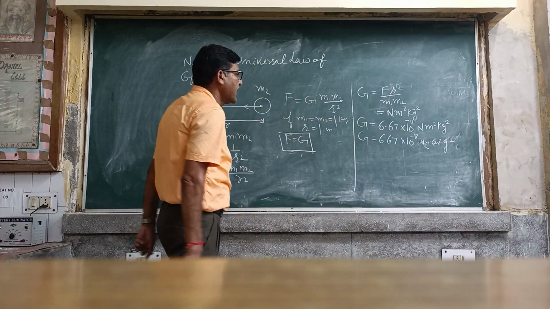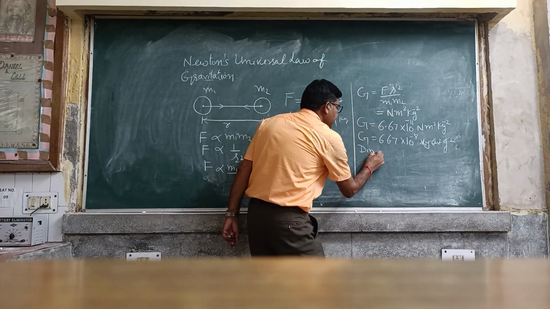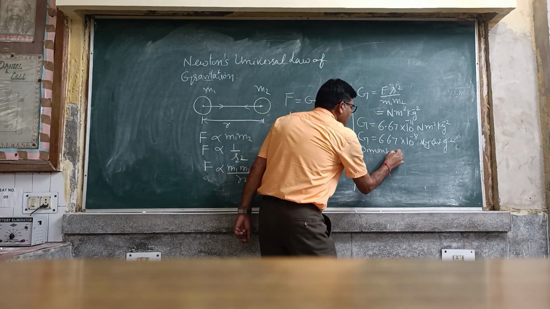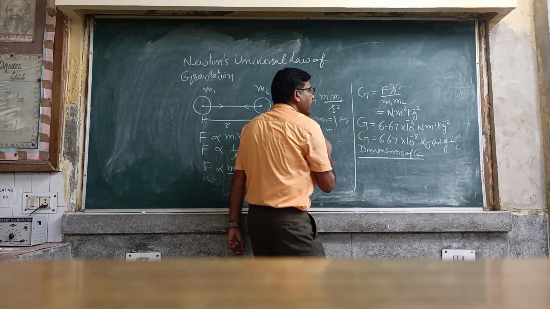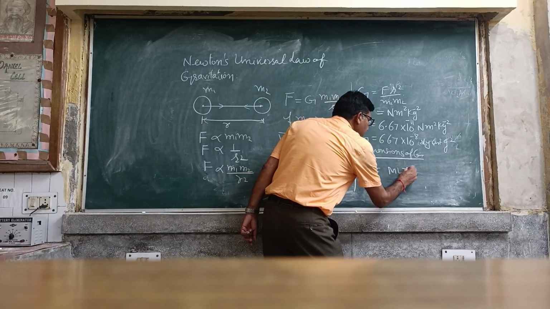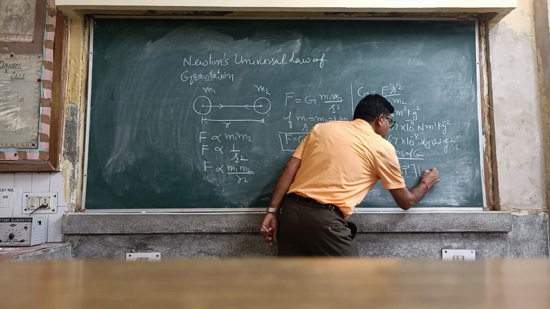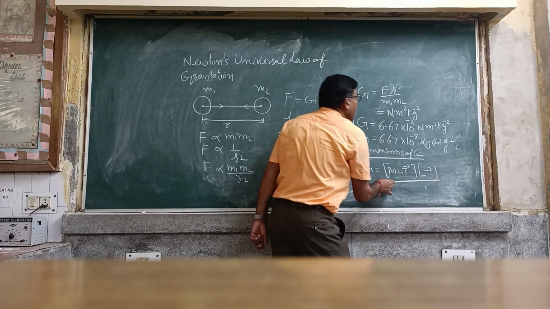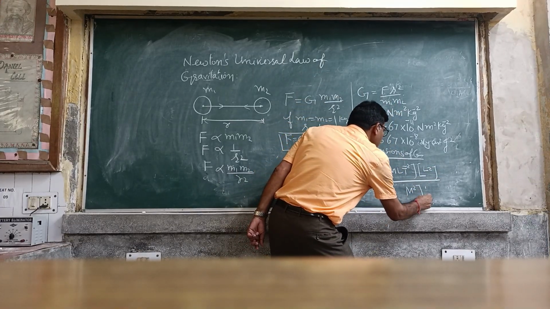We can see the dimension formula from this equation. The dimensions of F are M L T minus 2, the dimensions of distance square are L square, upon m1 m2, that is M square.